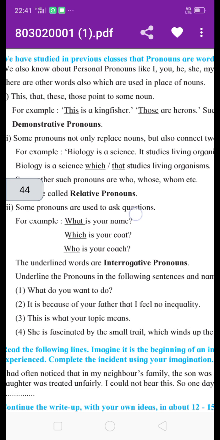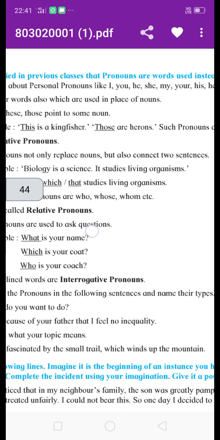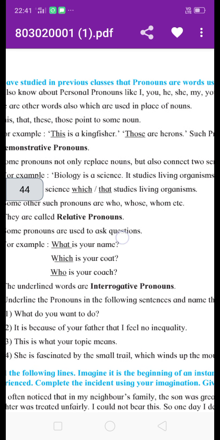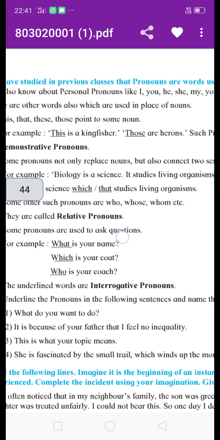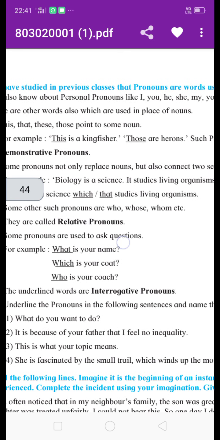For example, biology is a science. It studies living organisms. It means biology. It tells us the relation of biology and living organisms. Here it is a relative pronoun.